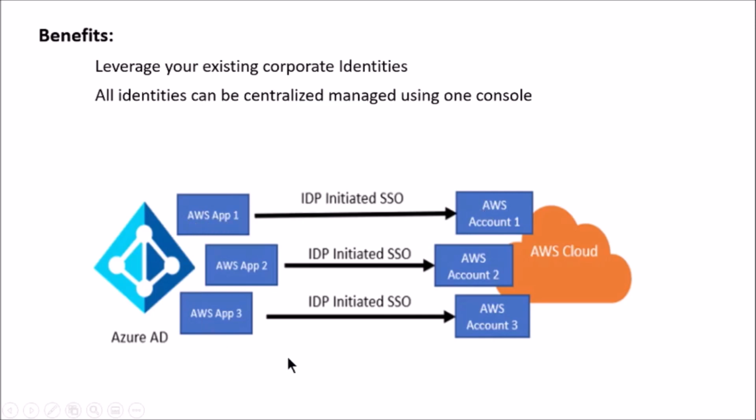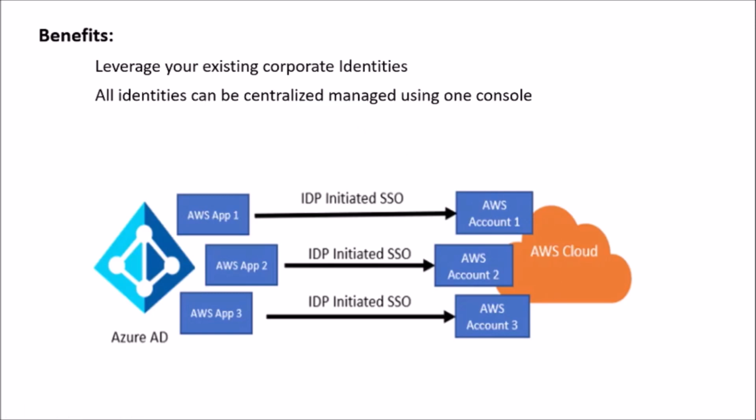Now, if a user needs to access the AWS App 1 application, which is hosted on AWS account 1, the user tries to access the web page myapps.microsoft.com, where he will see this application. Once the user enters the credentials, Azure Active Directory, which is my identity provider, performs the authentication and sends the data along with the user's access rights for the service to my service provider, which is AWS in our case.